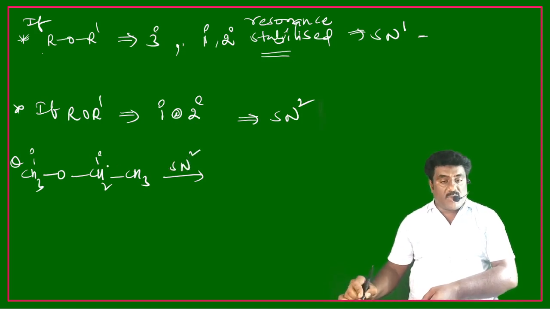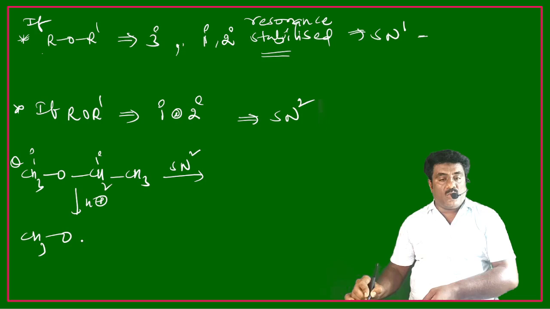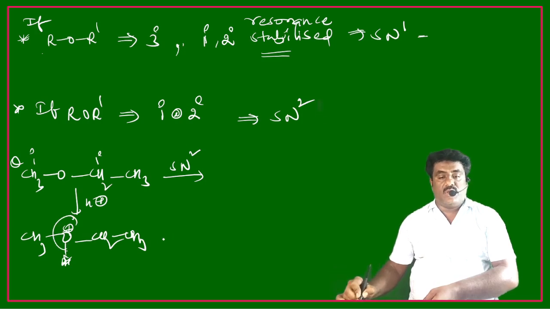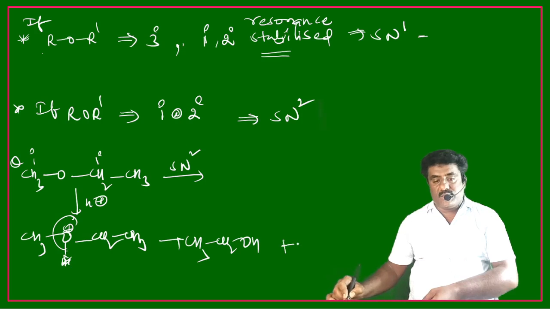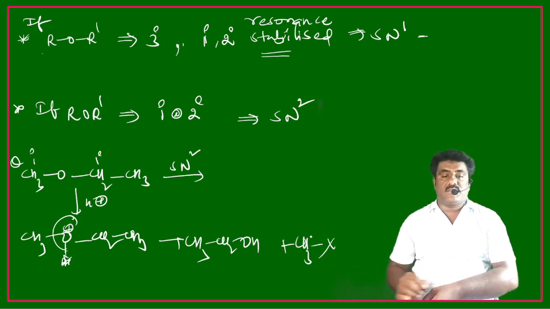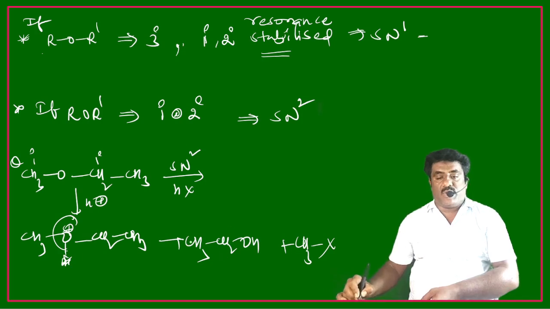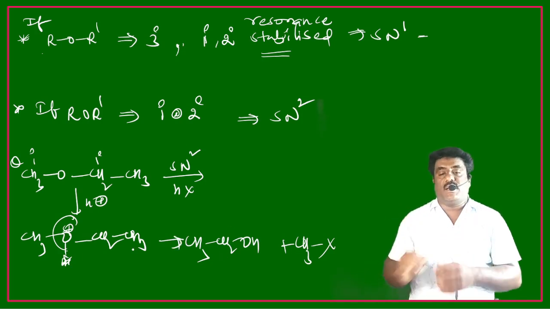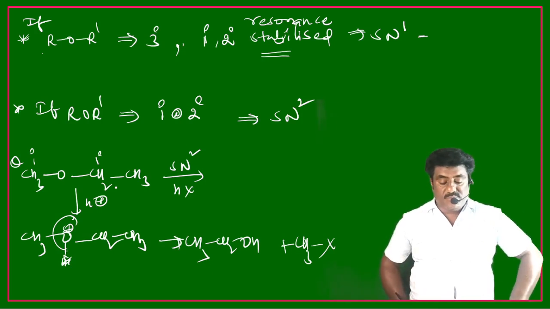In the presence of H plus, CH3OCH2CH3 gets a positive charge on oxygen and is eliminated in the form of CH3CH2OH plus CH3X with HX. This is the product.